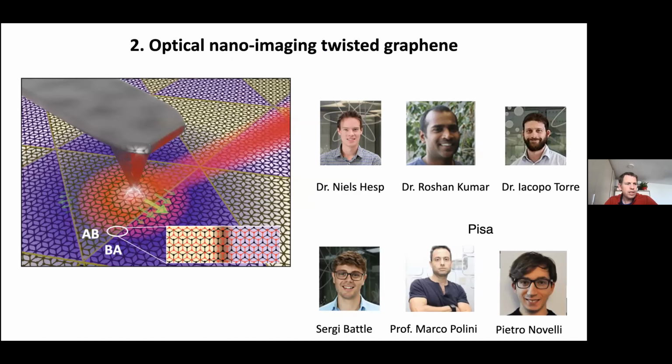Now I want to move to the second part of my talk, which is the nano imaging of twisted graphene. It's a collaboration with Pisa, Marco Polini and Pietro Novelli. People from my group are listed here, Niels Hesp, who just finished his PhD.